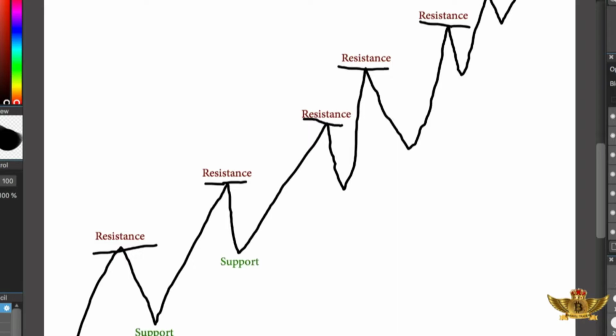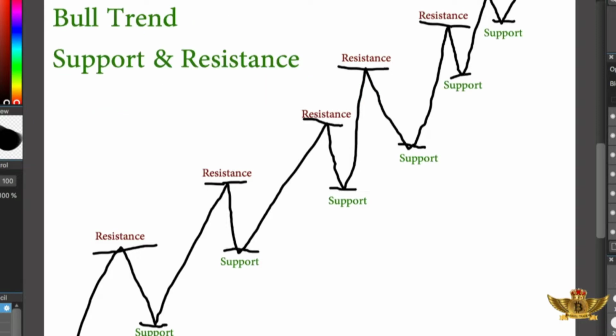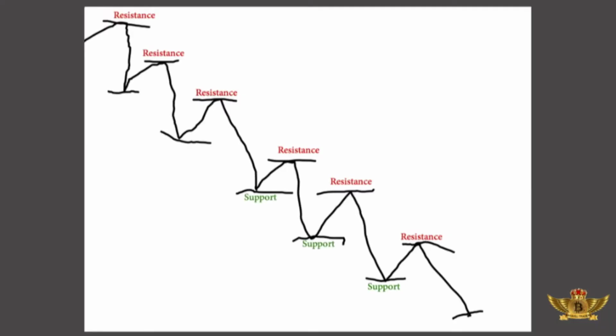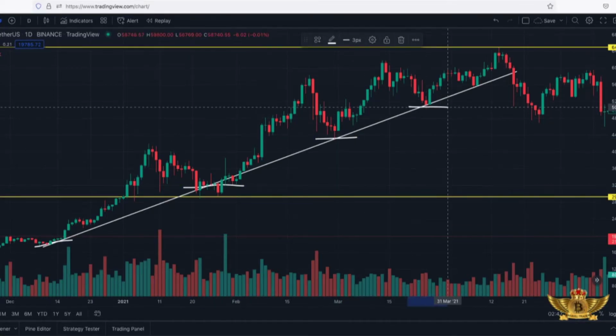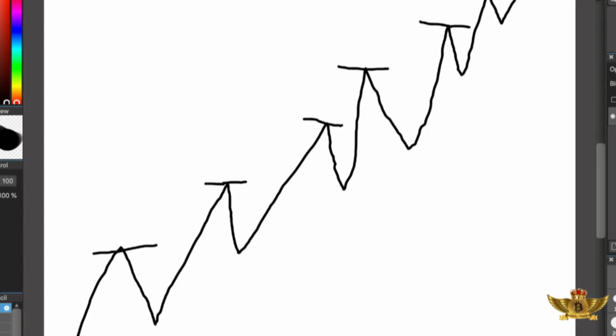When we talk about support levels, we're talking about price areas on your chart where significant demand, buyers, exist. They are waiting, enough to at least cause a temporary pause in the dump or declining of price, or a downward movement of price.